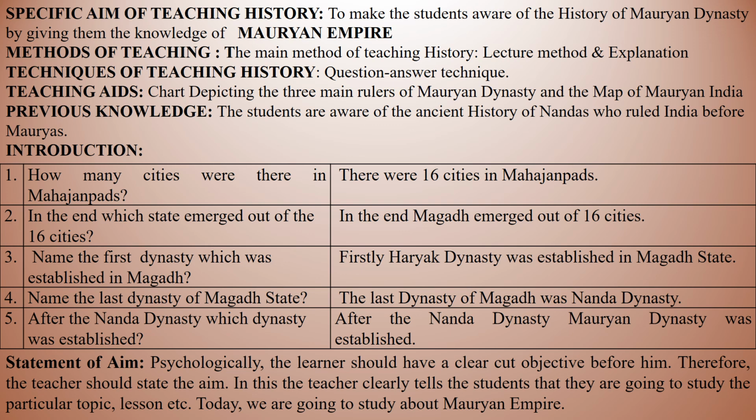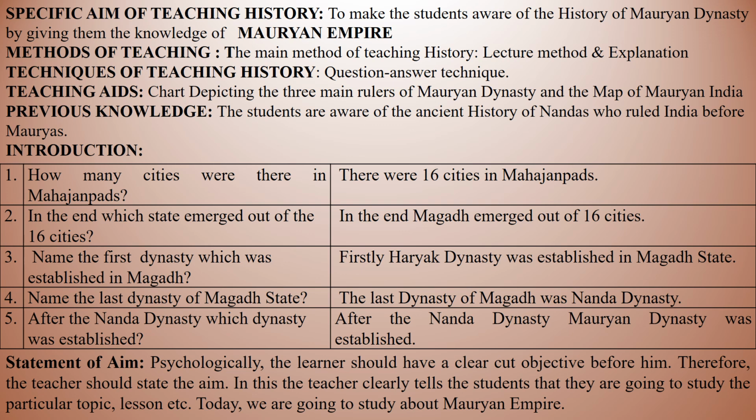After you have finished with the specific aim, the next is the method of teaching. According to the topic Mauryan Empire, my method of teaching is lecture method and explanation. After this, in the technique of teaching, I have written question answer technique.